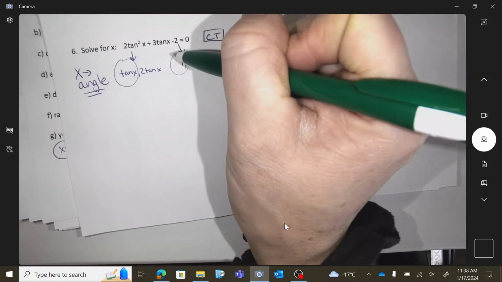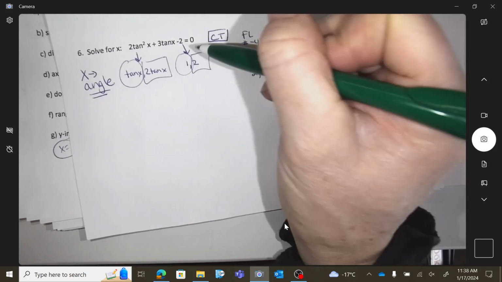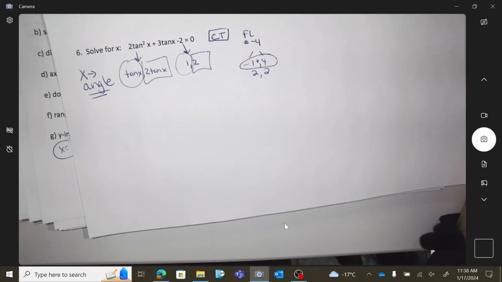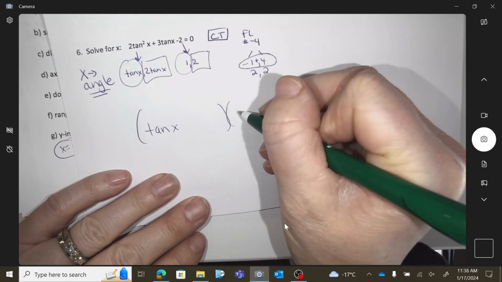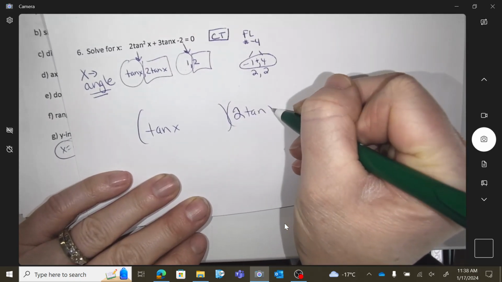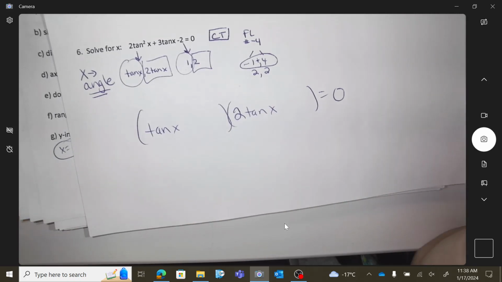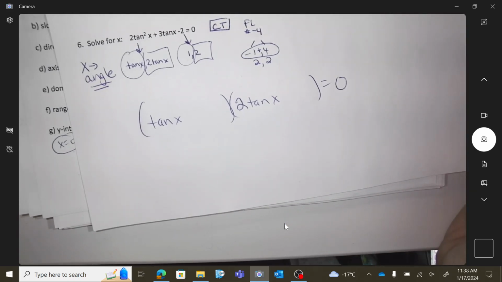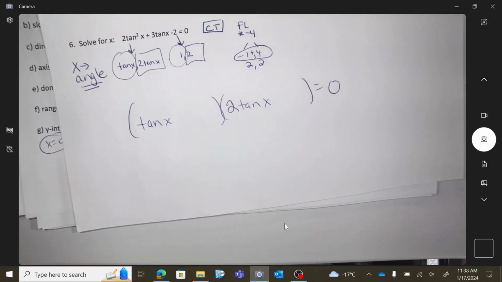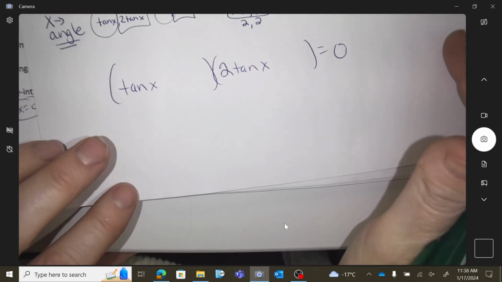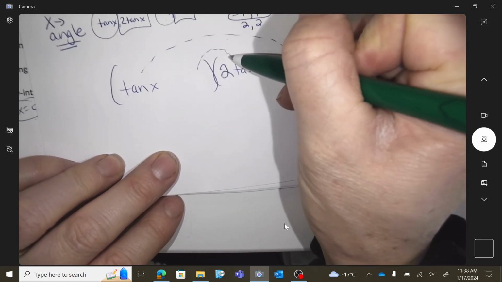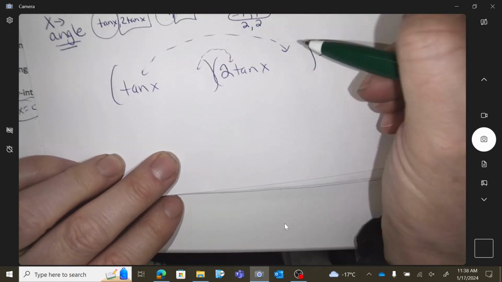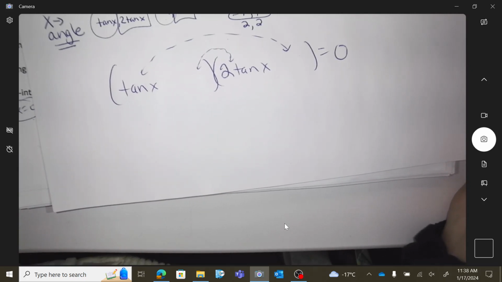We need to do a 1 and a 4 partnership. Okay, get your partners lined up in the foil positions.